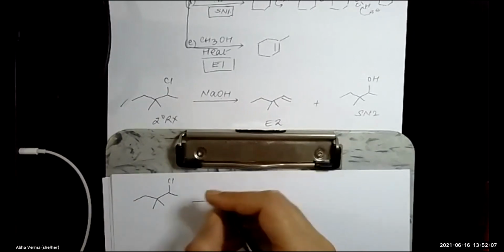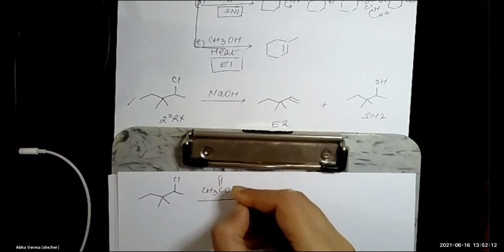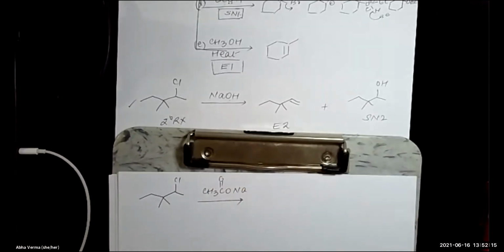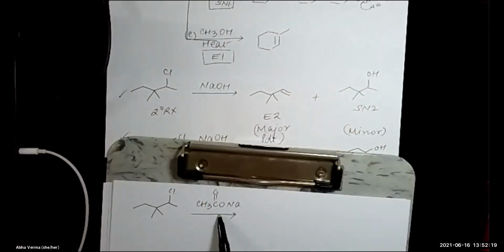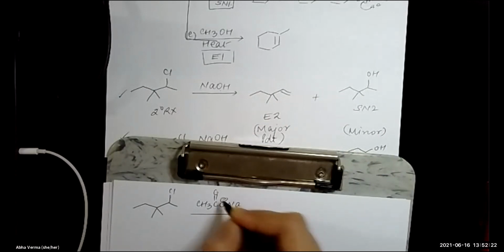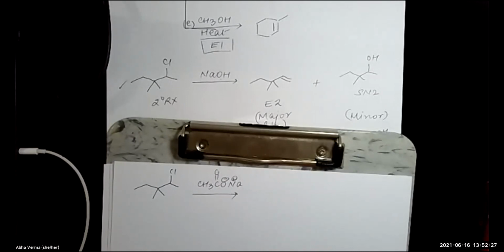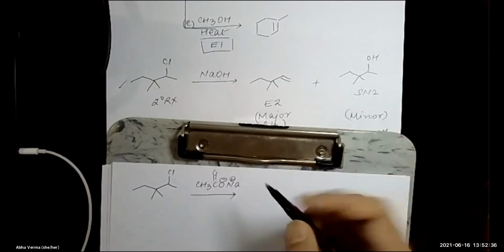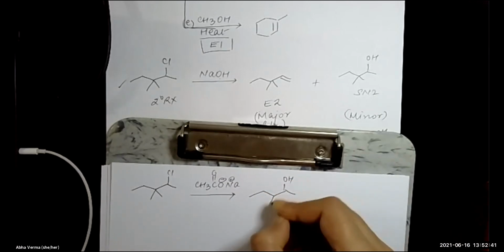If I have a material which is only nucleophilic and not basic, now my base is not strong. This is a resonance stabilized structure, and so it is not going to be a base. It is a nucleophile, but not basic enough. It is a weak base. Now my SN2 will be the major product.